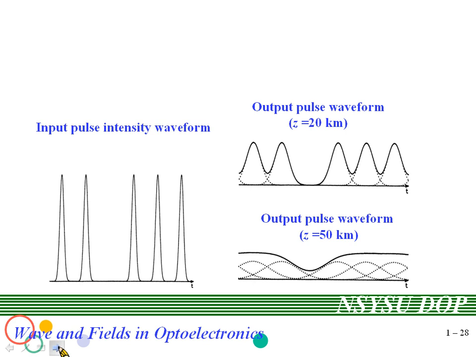From the previous slide, we have learned that the group velocity depends on the wavelength, right? And you can also say that the group velocity depends on the frequency. So we can say that EM waves with different frequencies have different group velocities.